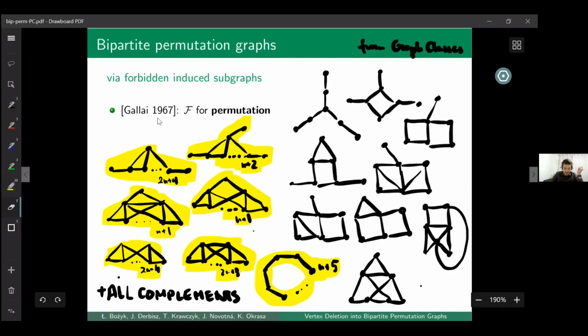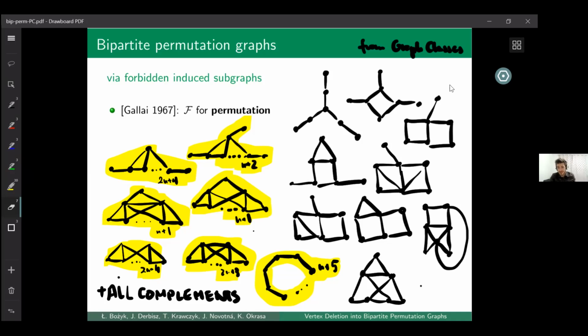The picture has been redrawn from the graph classes database, and as you would expect, this is quite a complicated structure. But fortunately, we are considering bipartite permutation graphs. In order to have a list of all forbidden induced subgraphs for that, we need to add all odd cycles to it.